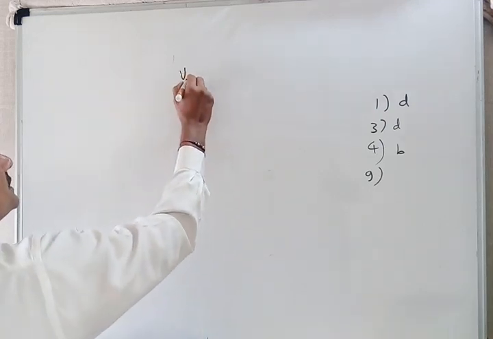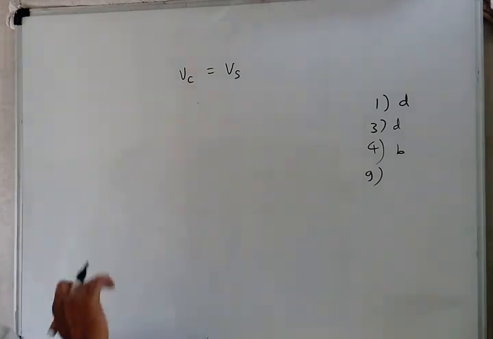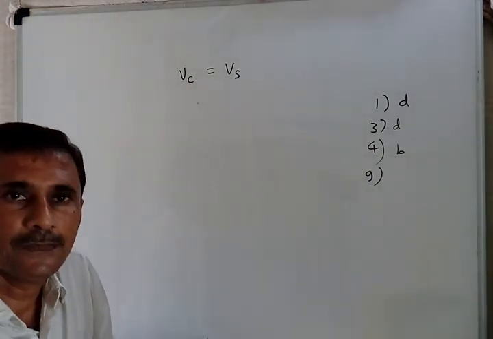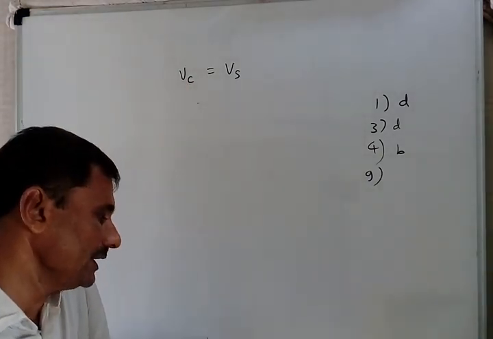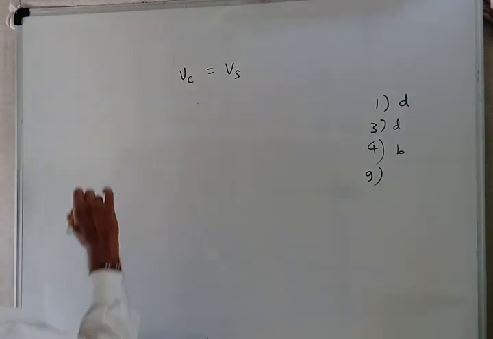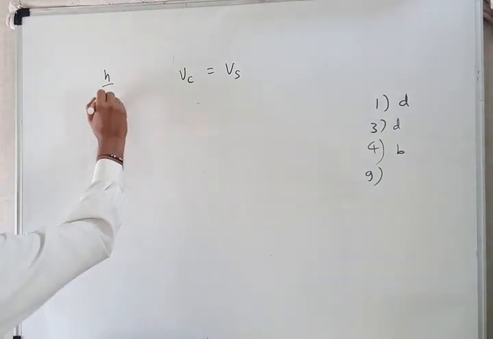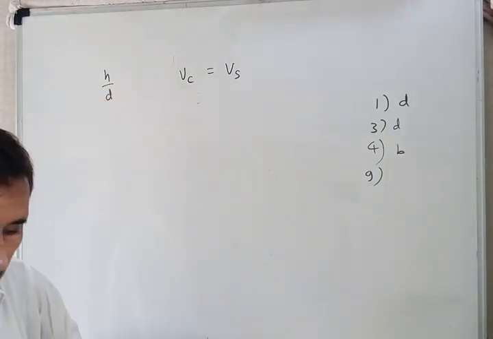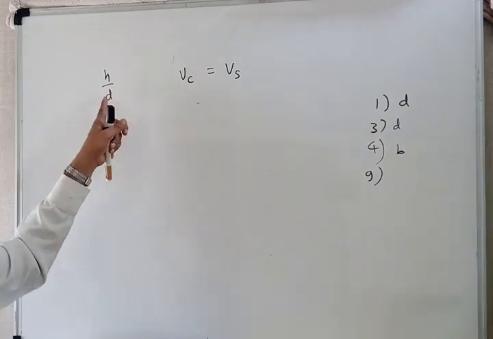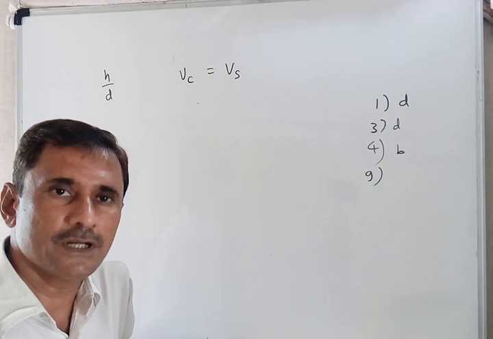So V C equals V s, the volume of the cone equals the volume of the sphere, that is given equal. And the radii are also equal. Then what is the ratio of the height of the cone and the diameter of the sphere? The diameter of the sphere or cone, both are equal here. So height upon diameter is asked.